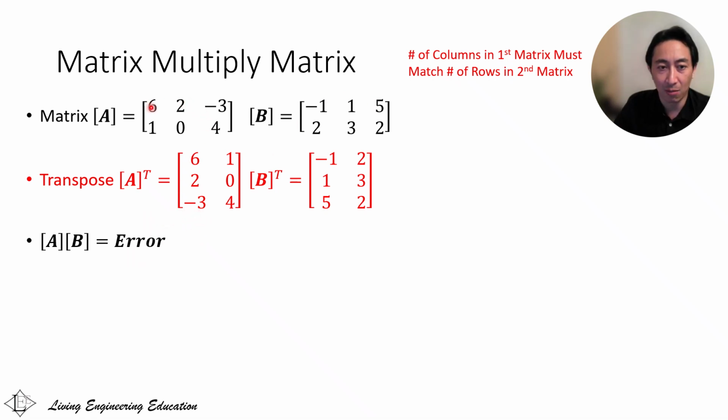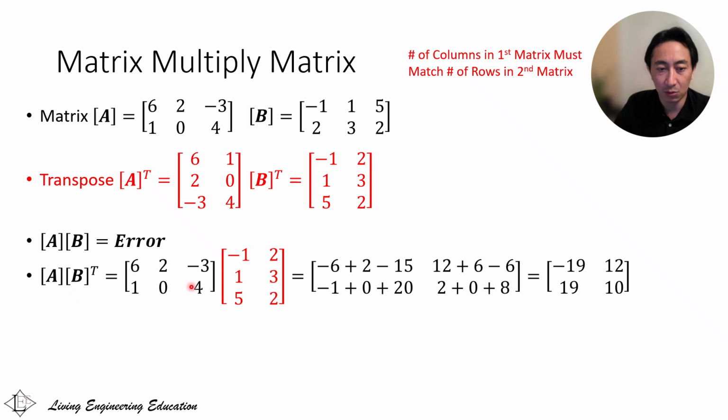We can't do a dot product of 3 values with a second vector that has only 2 values. We don't know what to do with this -3 and an empty set here, right? So we can take the A matrix and multiply it by the transpose of the B vector, which we have here, right?